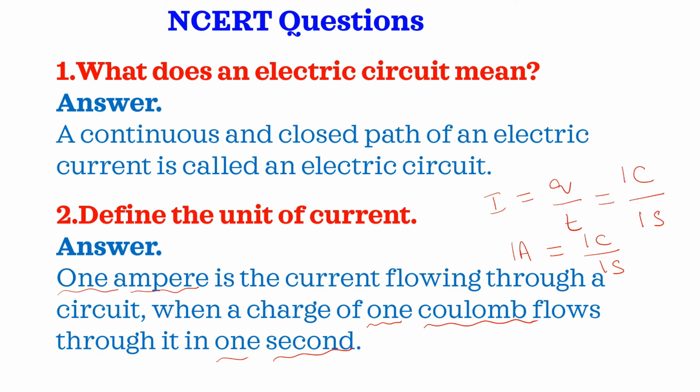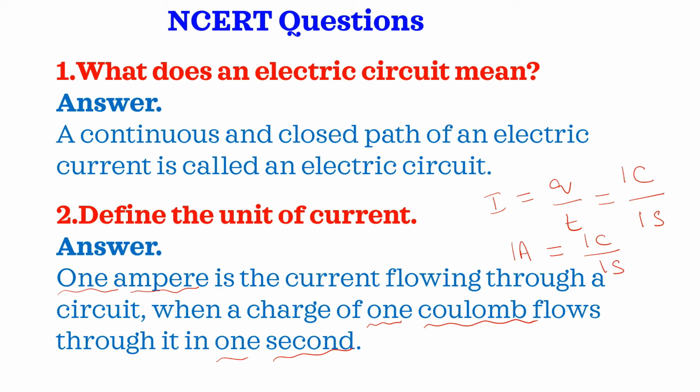Compulsorily it should be 1 coulomb and 1 second. The ratio of Q by T is known as electric current. The relation between I, Q and T is I is equal to Q by T, where Q is the electric charge, T is the time taken, and I is the electric current.